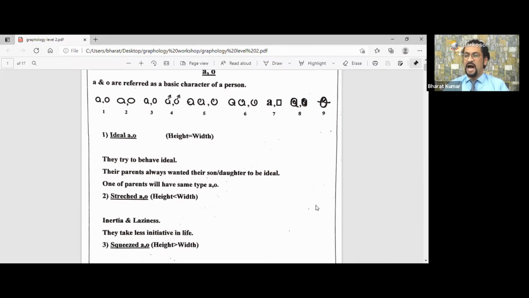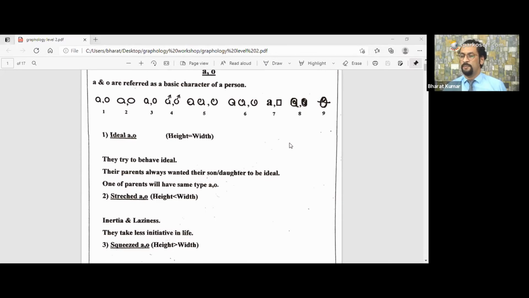So they can't control themselves. I'm talking about the fourth type of A. They used to be too much talkative. They are always open for all kinds of communication. You can say they are the chatterbox of the crowd because they are too much talkative. So generally known as the chatterbox.